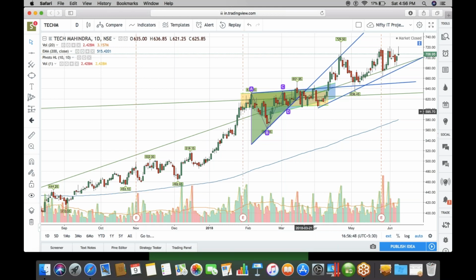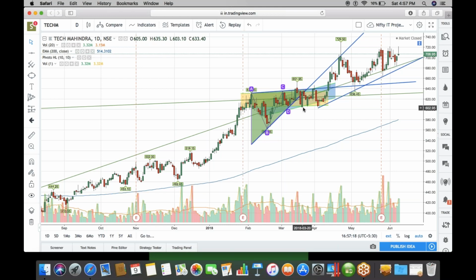Whenever you are trading an ascending triangle, one thing is very important. Please look at the prior trend. If prior trend is upside, say for example, these prices are going up, they form an ascending triangle, and there's a downside breakout, do not trade it.